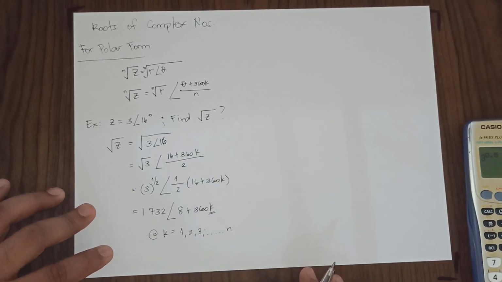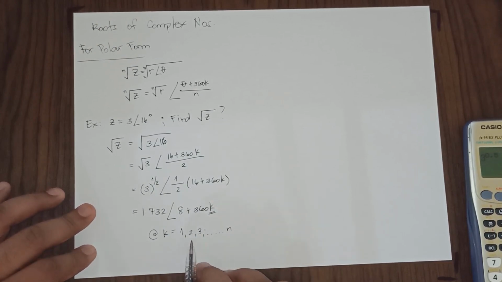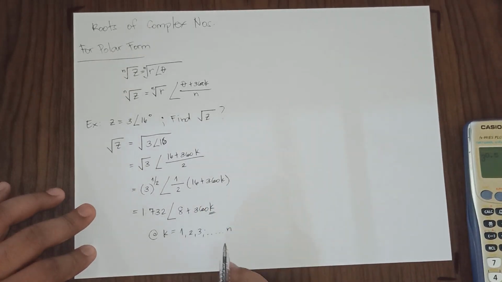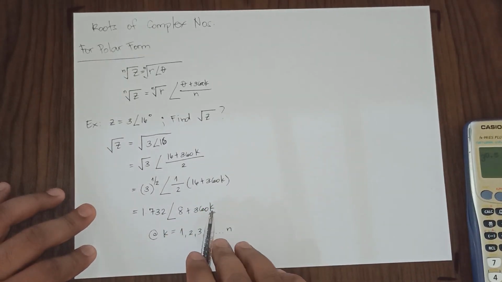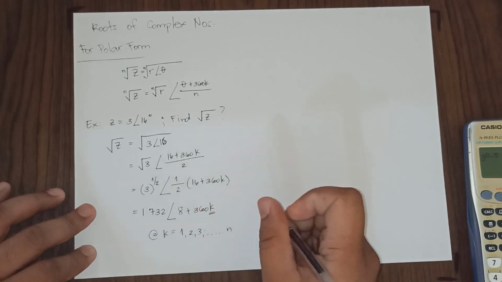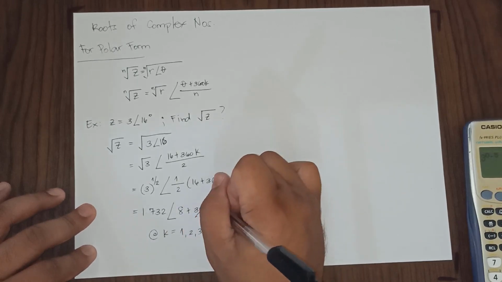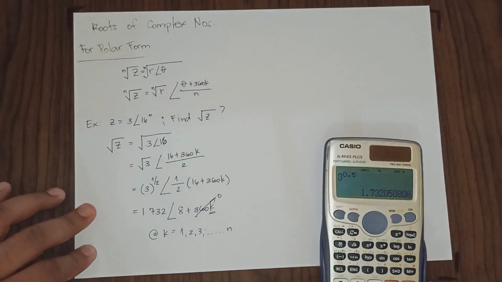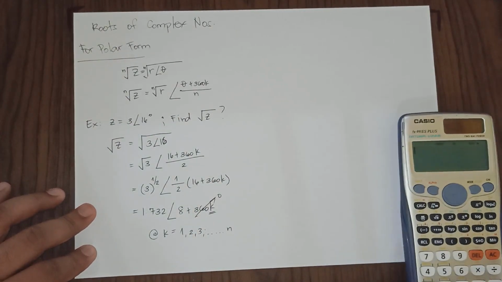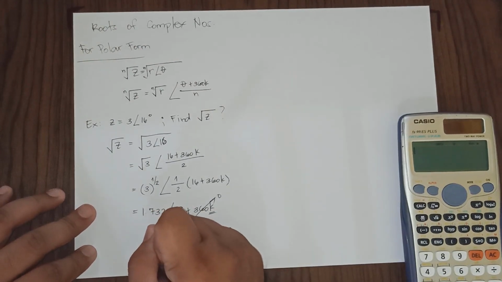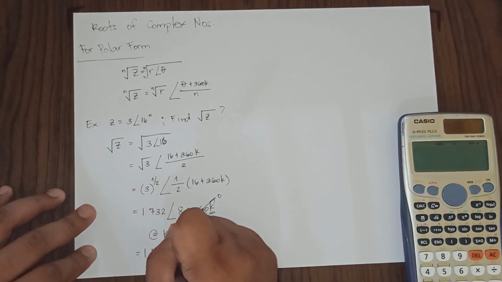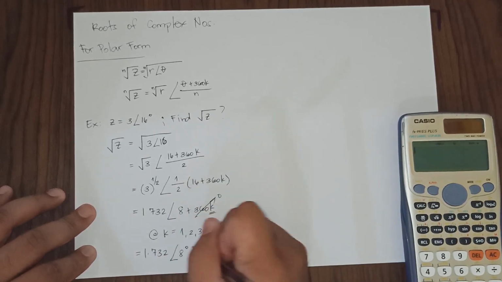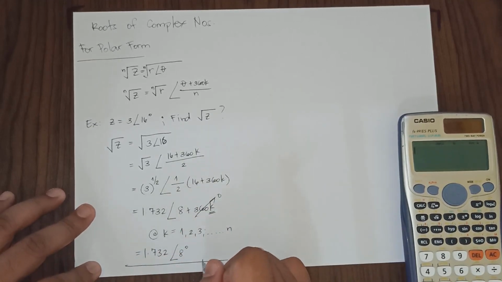Pero kung wala namang sinabi yung examiner na value ng k, let it be 0. So, ang answer natin, 1.732 bar angle of 8 degrees. Yun yung kanyang sagot.